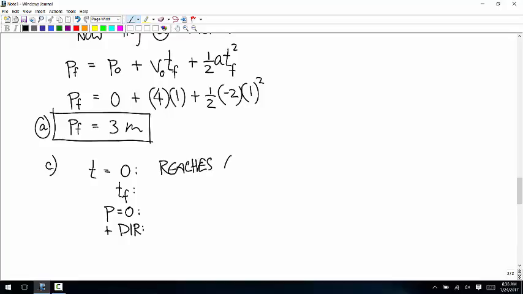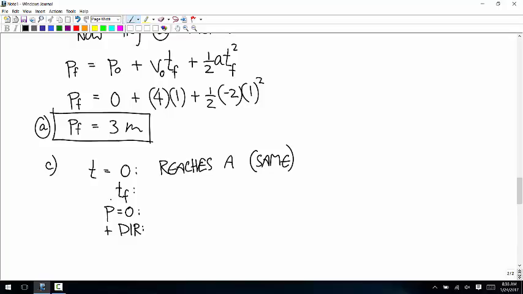So reaches A, that's the same as before. But we do have to change the instant we're calling time final. You can only calculate variables at your time equals 0 instant and at your time final instant.